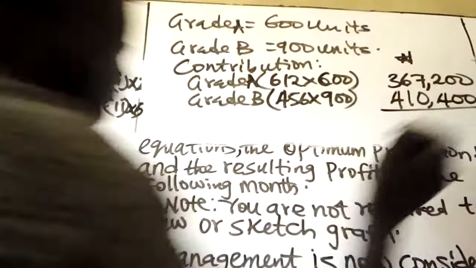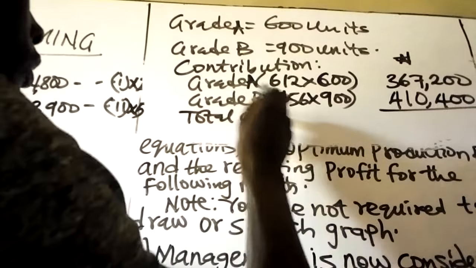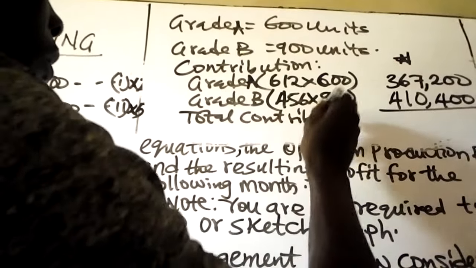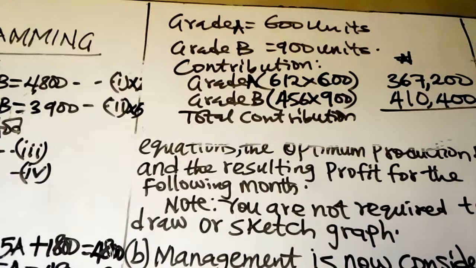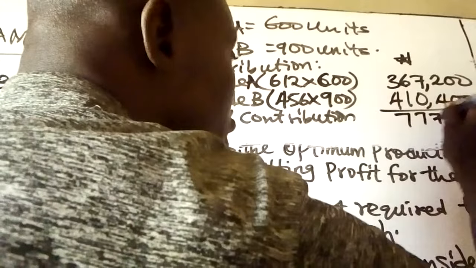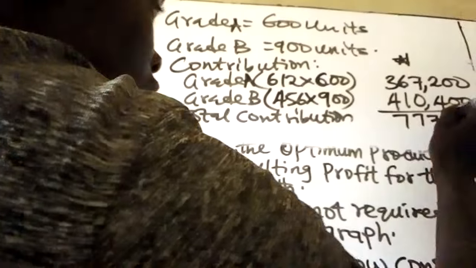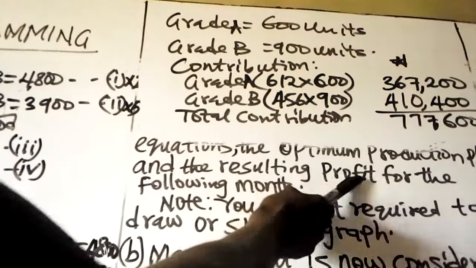When you sum it up, you have the total contribution: 367,200 plus 410,400. The total contribution is 777,600.